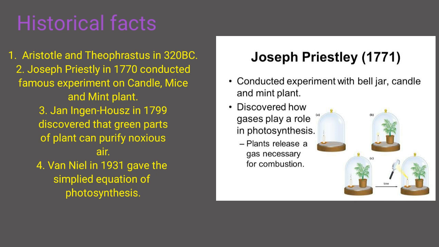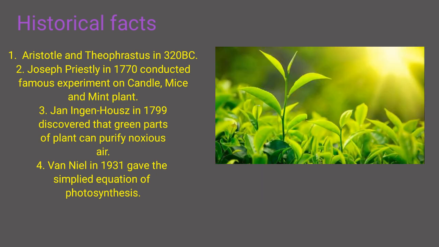Then came another person in the year 1799, Jan Ingenhousz. He discovered that the green parts of the plant purify the noxious air in the presence of light. So that was another finding that happened in 1799.